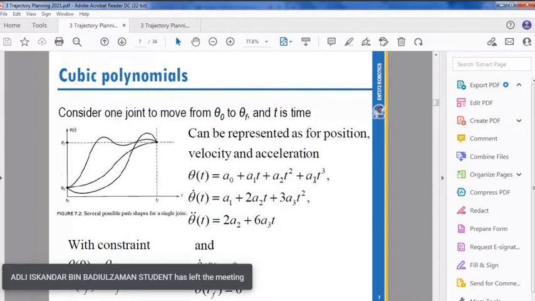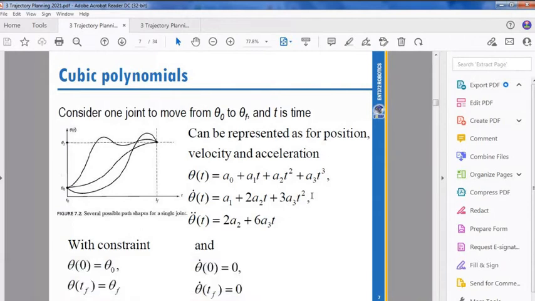So you know the position of the motion of your joint. You know your velocity, the motion of your joint from initial to final. You know your acceleration of your joint from initial to final.